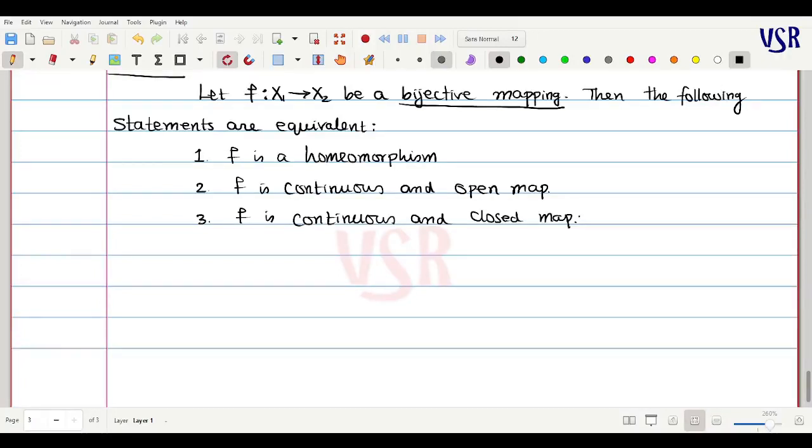Whether I say f is a homeomorphism or f is continuous and open map, it is the same. What does open map mean? In another sense I can write it this way: open map and closed map mean just one line, that f inverse from x2 to x1 is continuous.